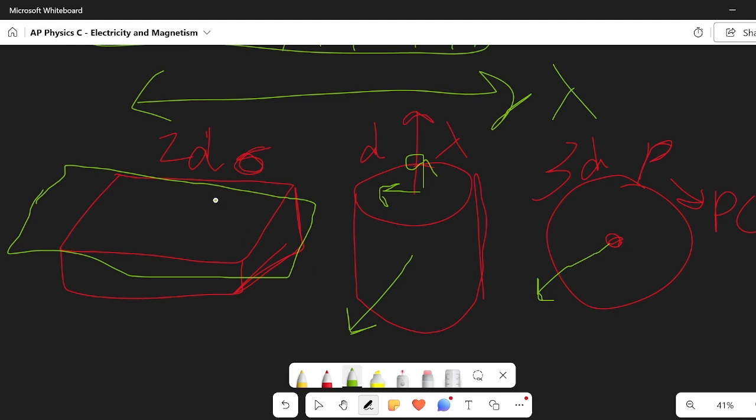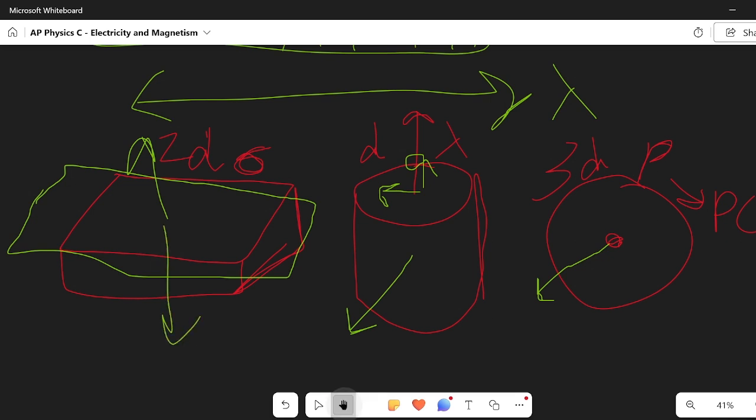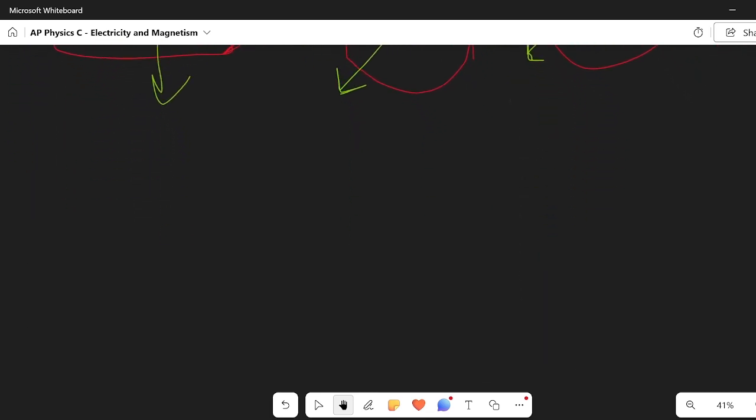And same thing with this box, which should be pretty obvious why it's symmetric, right? All the sides are always parallel, and the tops and bottoms will always be perpendicular, like so. So that is what we call highly symmetric, at least regarding AP Physics C Electricity and Magnetism.